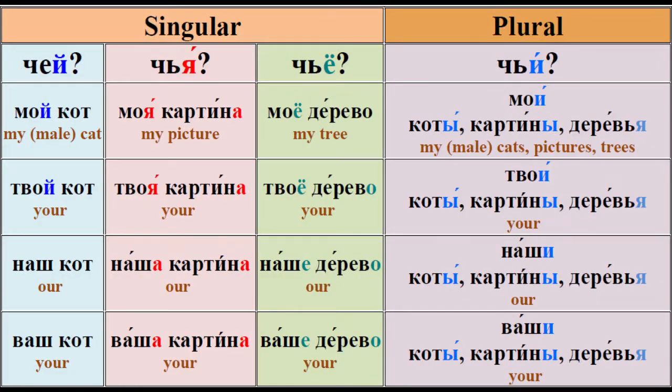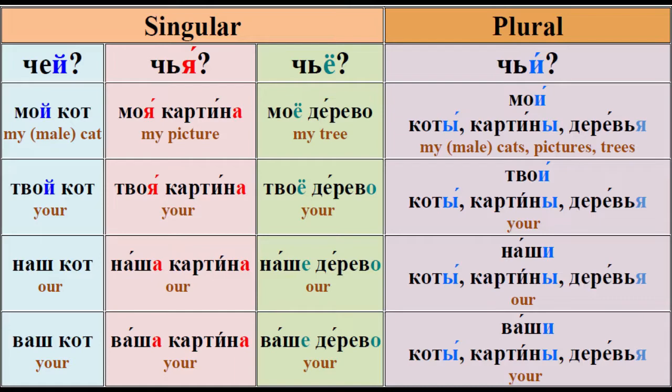So let's look at the table. Here is the table, and we can see that there are 4 forms of the possessive pronoun my, depending on the gender and number. If the noun is masculine and we want to say my, it will sound like мой. Мой кот.